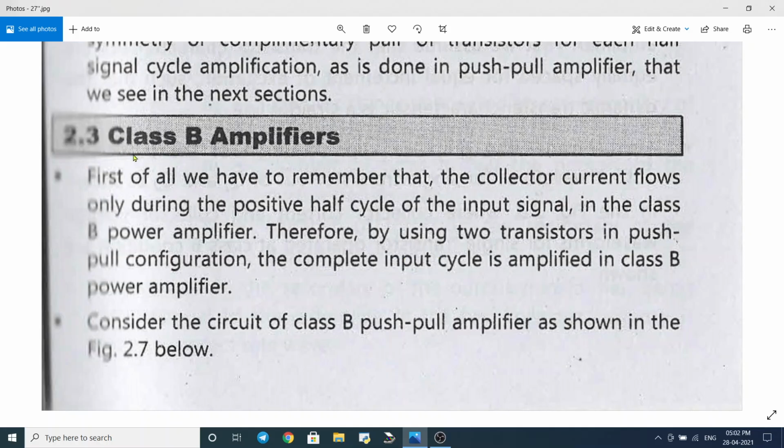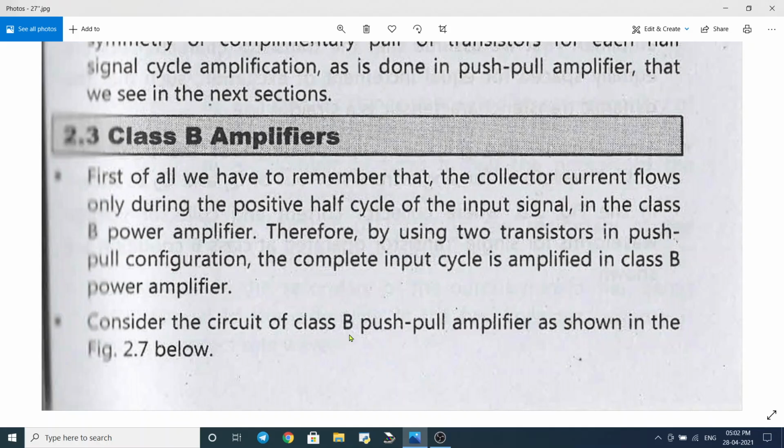We have seen class A amplifiers, two types of circuits: class A power amplifier with resistive load and class A power amplifier with transformer coupled load. And the problem related with these class A power amplifiers is the harmonic distortion and less efficiency. So to overcome these disadvantages, the class B power amplifier is useful.